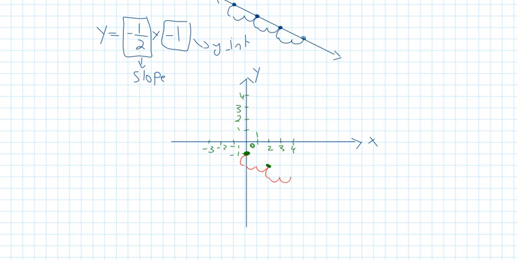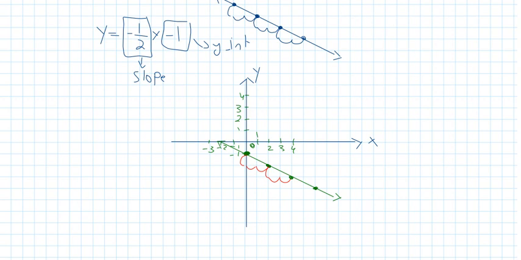Look where I ended up, right here. You can do it one more time. Go 1 down, 2 to the right, you're going to end up right here. So do my points line up? Do they form a line? Do you see them lining up? Yes, they do. That means I didn't make any mistakes, if I'm following the right thing.